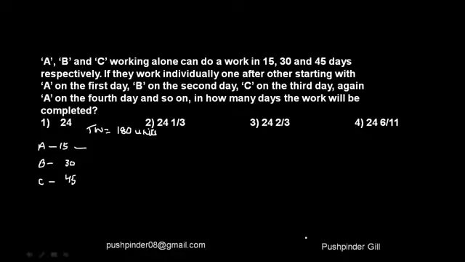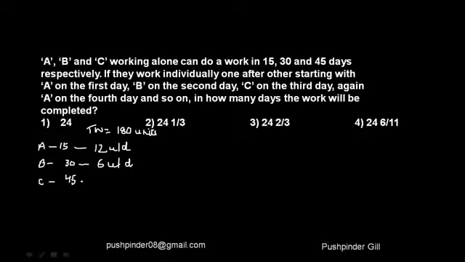So if A is able to finish the job in 15 days, that means he's going to finish 12 units every day. And if B is able to finish the job in 30 days, he's going to finish 6 units every day.